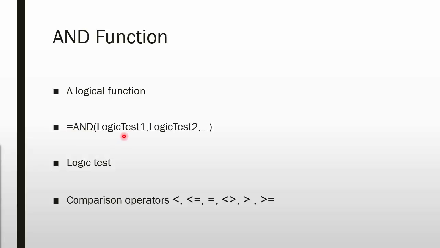The first argument will be your first logic test, followed by a comma. The next argument will be your next logic test, comma, and you continue adding more arguments until you reach the maximum of 255. When you end, you close with a closing parenthesis.